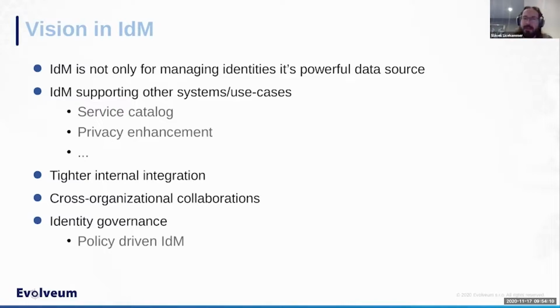The second example is some privacy enhancement features. Again, in identity management, you have all the data there, all your users, all the attributes. So you can just mark which attributes are sensitive, and you immediately know what data you have. And if you have provisioning and deprovisioning everywhere, you have control over the flow of this private data. So you can know where the data are for each user very easily.